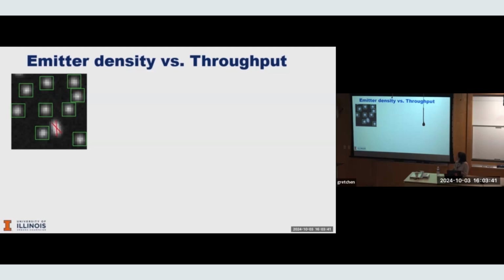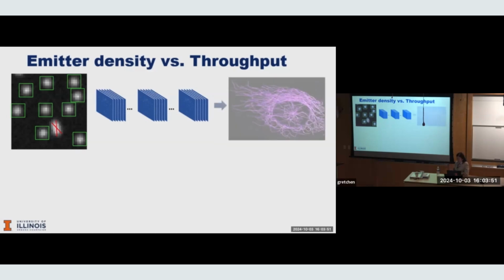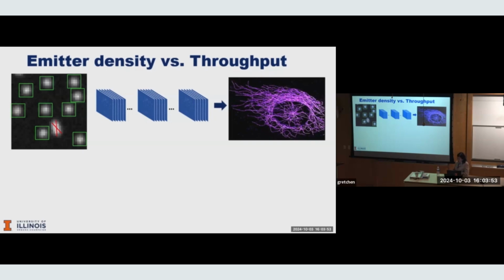So we typically reject them. The problem is then you have a limited sampling each frame. So it requires standard 10, 20,000 frames to accumulate enough sampling to reconstruct the image. So essentially, this approach sacrifices the temporal resolution to gain spatial resolution.